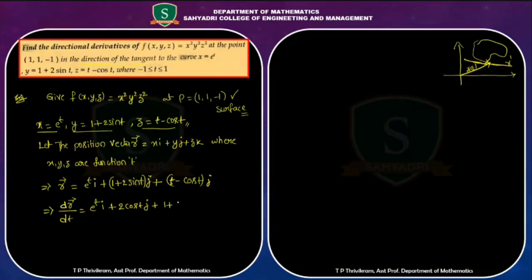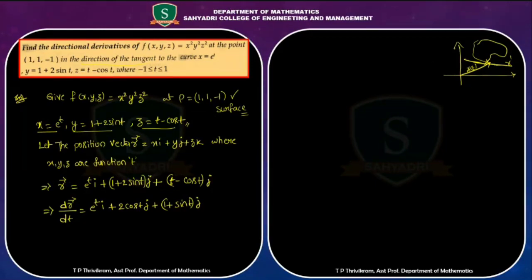So I'll get 1 plus sin t k. Okay. So this is about the derivative of r.